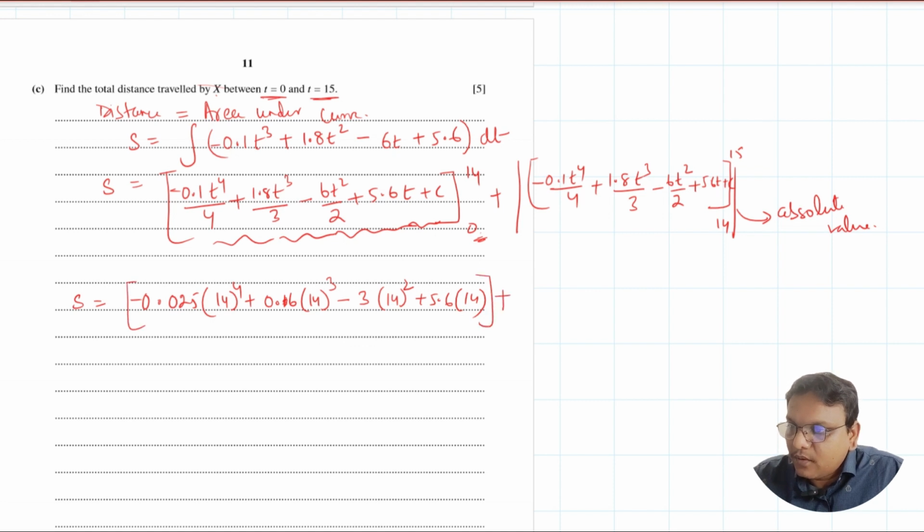Now plus, this thing upper limit minus, first we will put 15, then we'll put 14 here, so this will be like this absolute value, minus 0.025 times 15 power 4 plus 0.6 times 15 cube minus 3 times 15 squared plus 5.6 times 15.